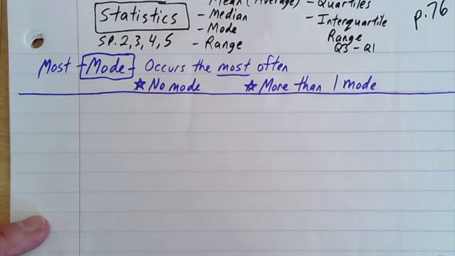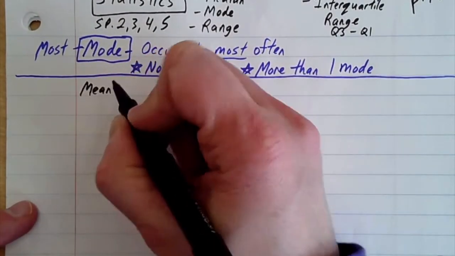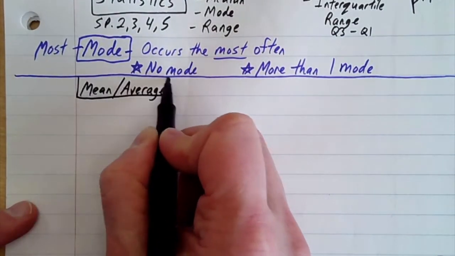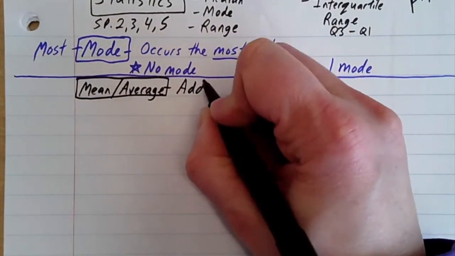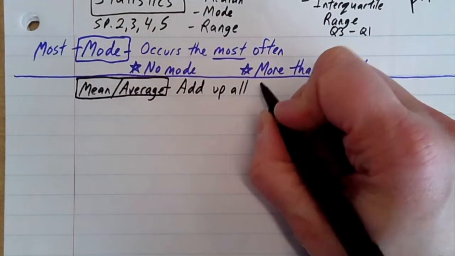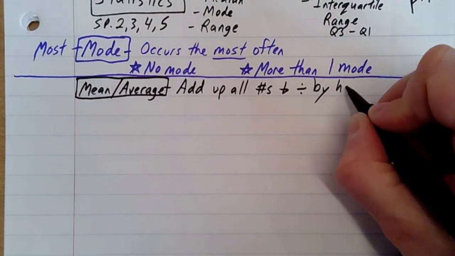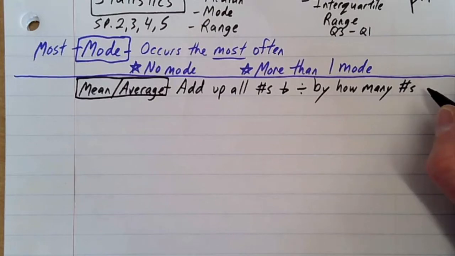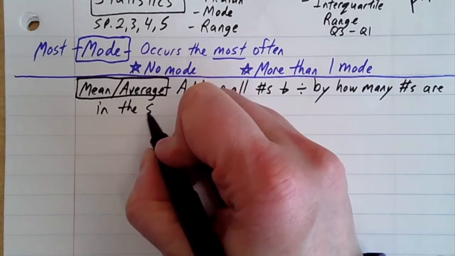The next one we're going to talk about is the mean. Mean is the average. Your mean or average, you have to add up all the numbers and divide by however many numbers are in the data set. So you're going to add up all numbers and divide by how many numbers are in the set.